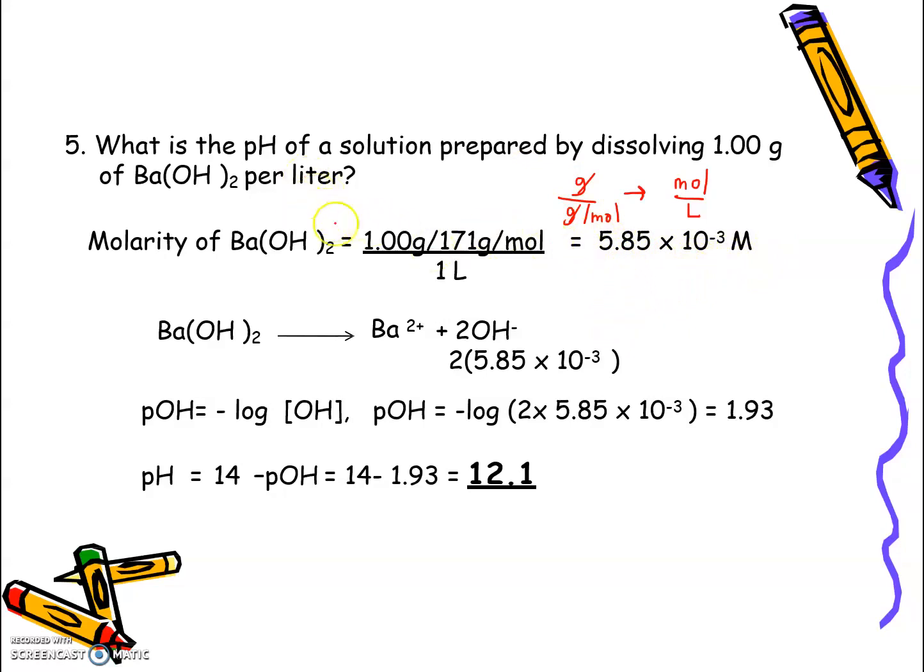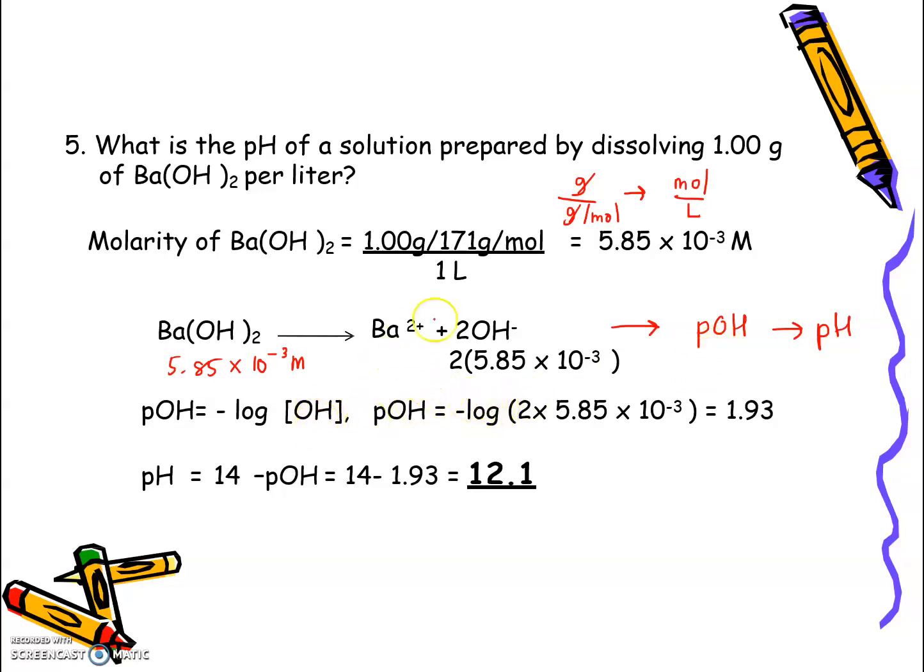So barium hydroxide dissociates to barium 2 plus and hydroxide. After balancing, there are 2 moles of hydroxide. So the molarity of the base here, and then the concentration of hydroxide. Because this is a base, you find pOH first and then pH. pOH is the negative log concentration of hydroxide.